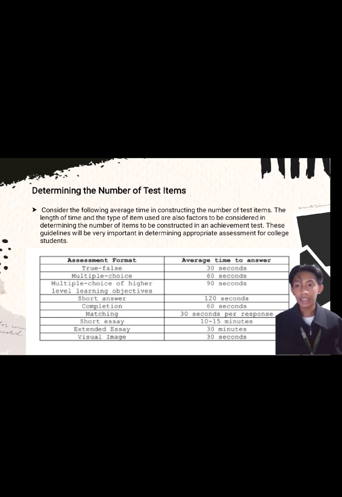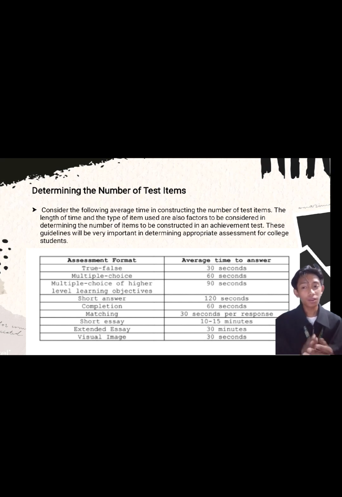So, as we can see, class, in assessment format there are the classifications of assessment guidelines, such as the true or false test, multiple choice test, multiple choice of higher level learning objectives, short answer, completion, matching, short essay, extended essay, visual image. So, in the left corner, average time to answer.